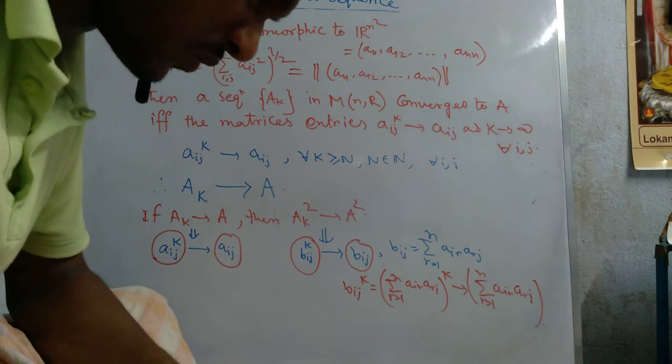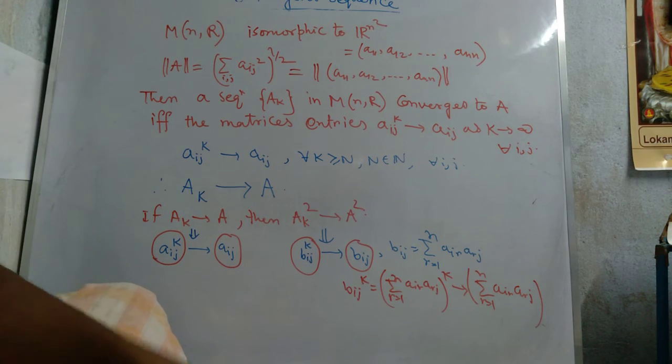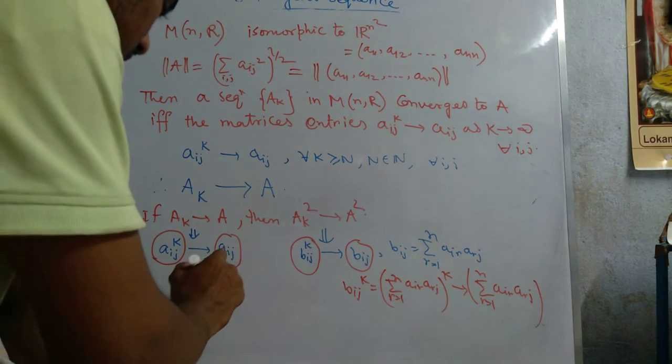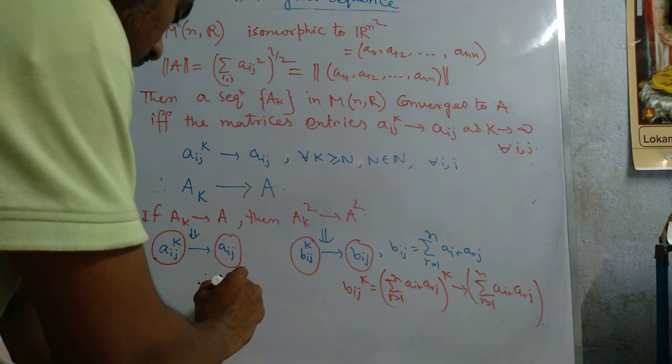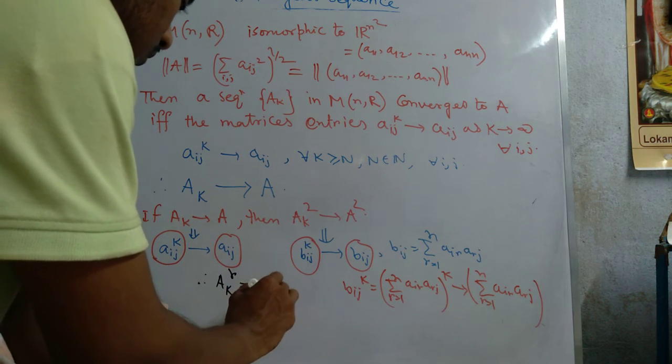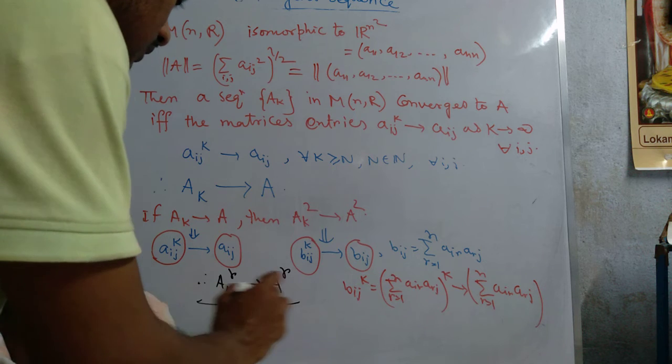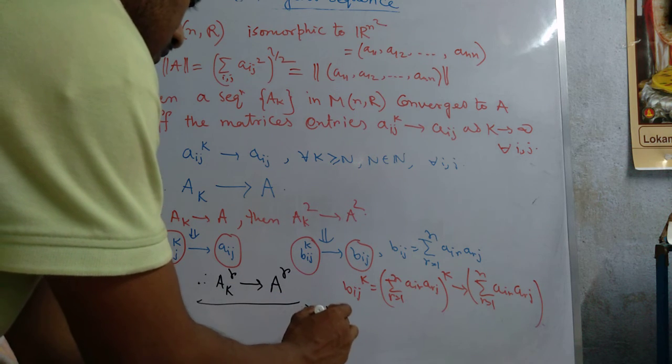If this holds, then we generalize it: Ak to the power r converges to A to the power r for r a natural number.